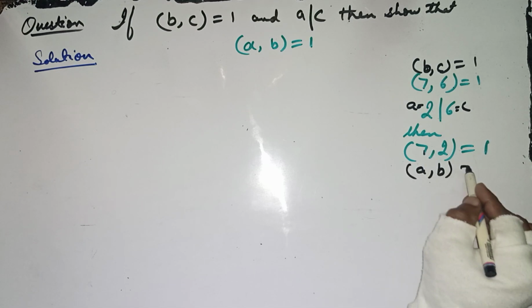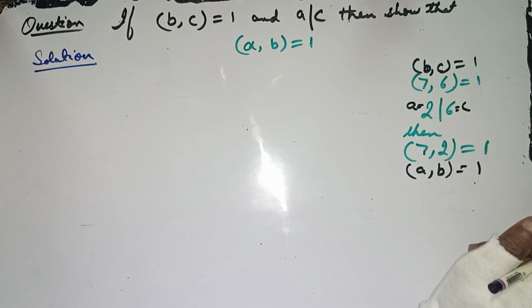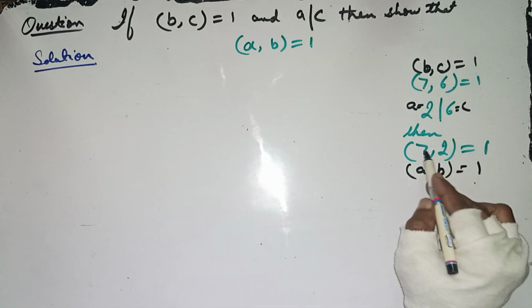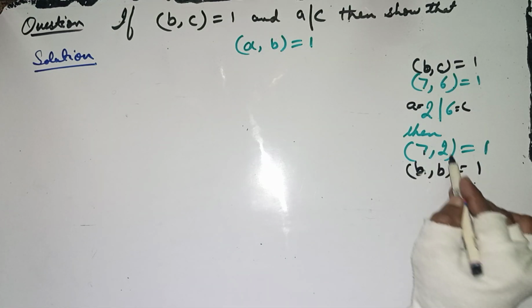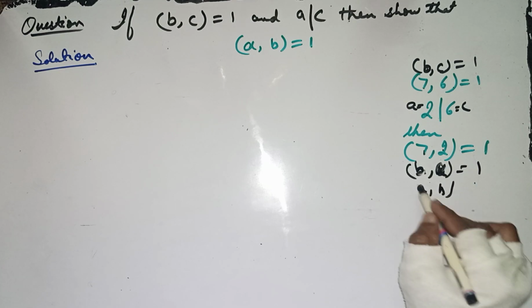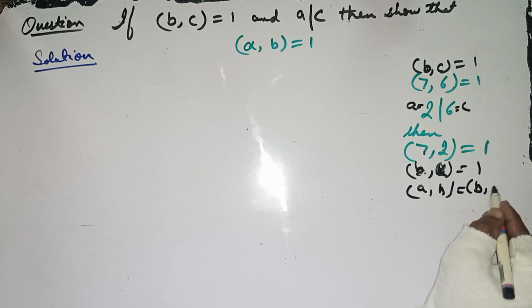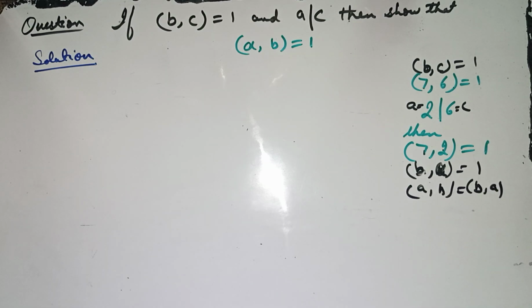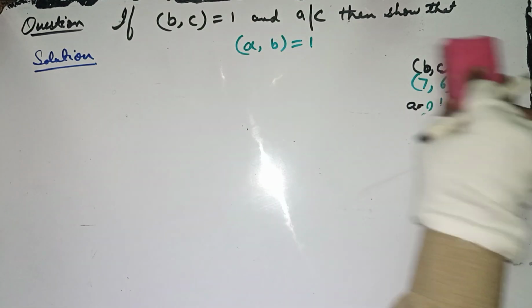Then the GCD of A and B must be equal to 1. We can write it as GCD of A and B is equal to GCD of B and A. There is no difference between them.